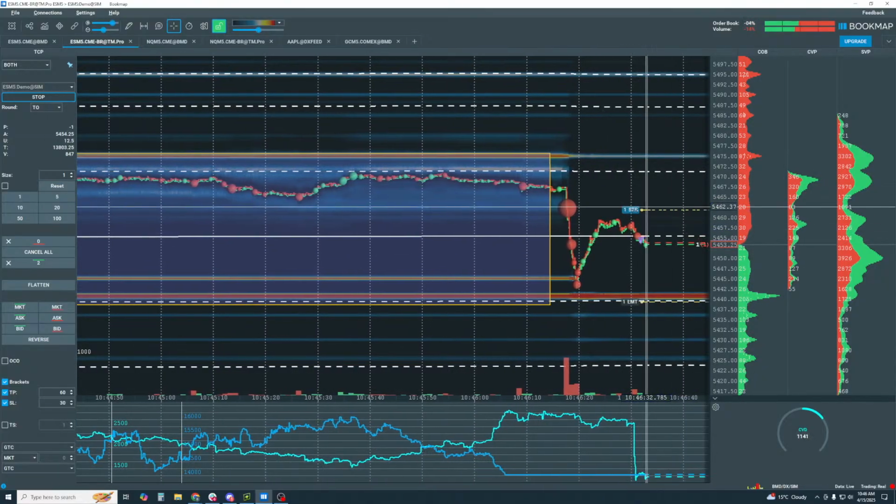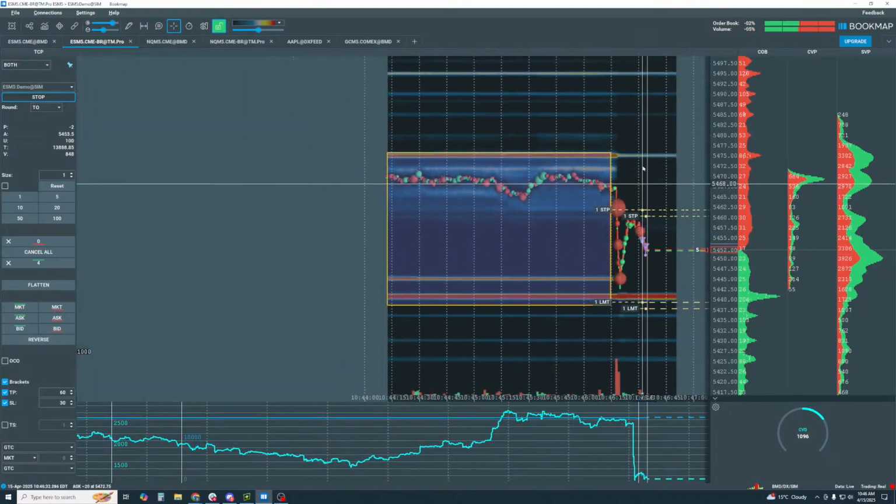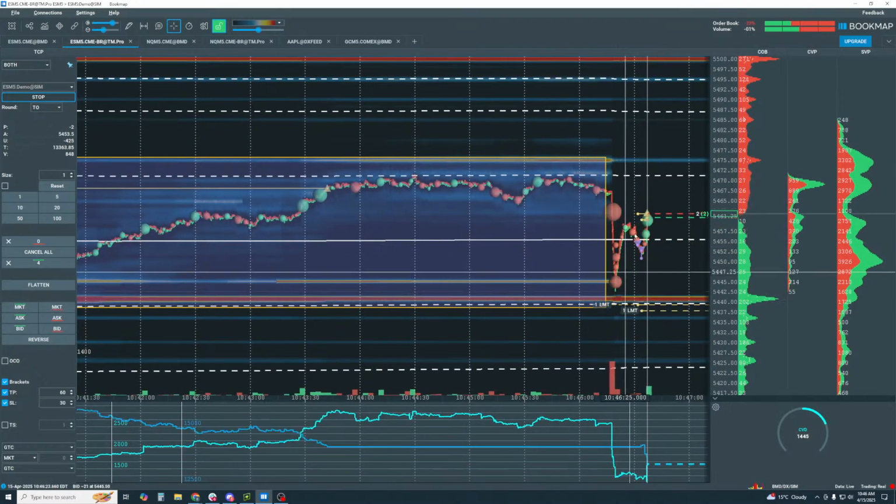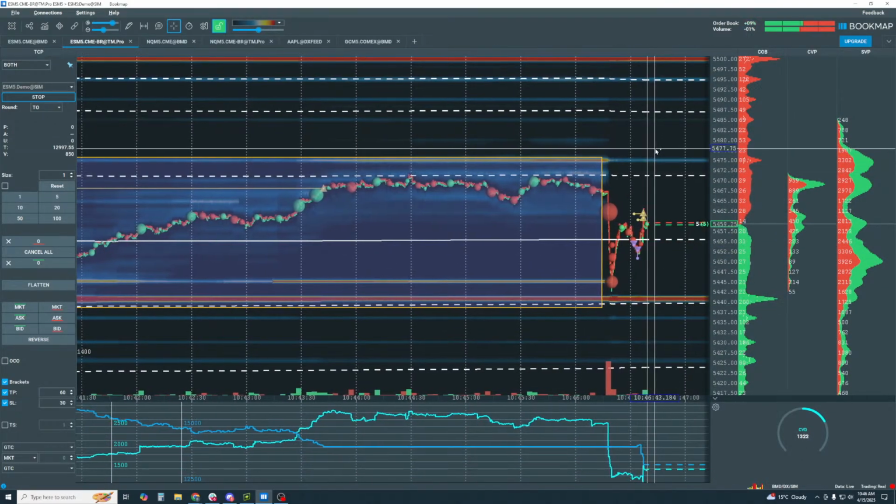It's pretty sharky here, and we still have not. Oh God, we're just getting killed.